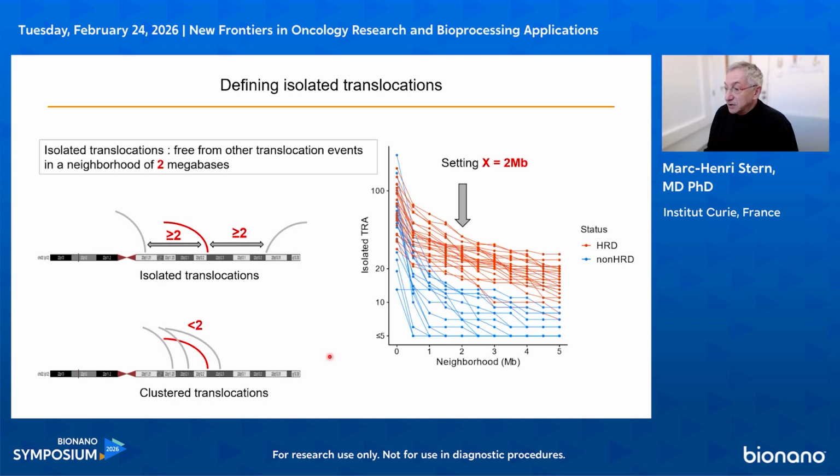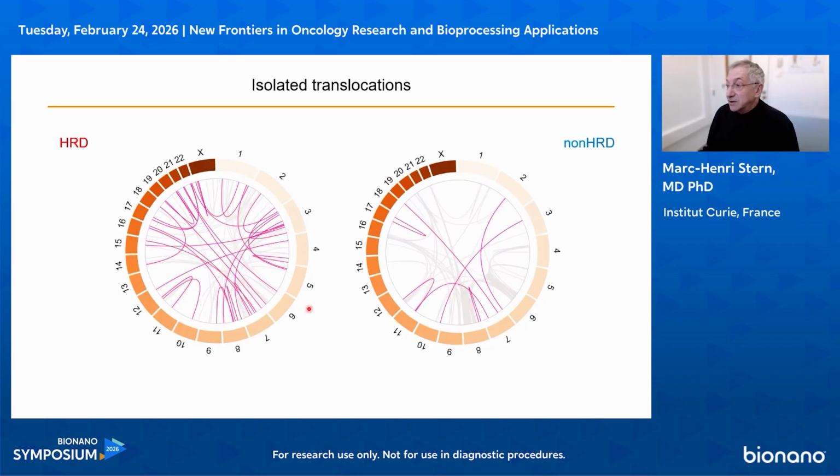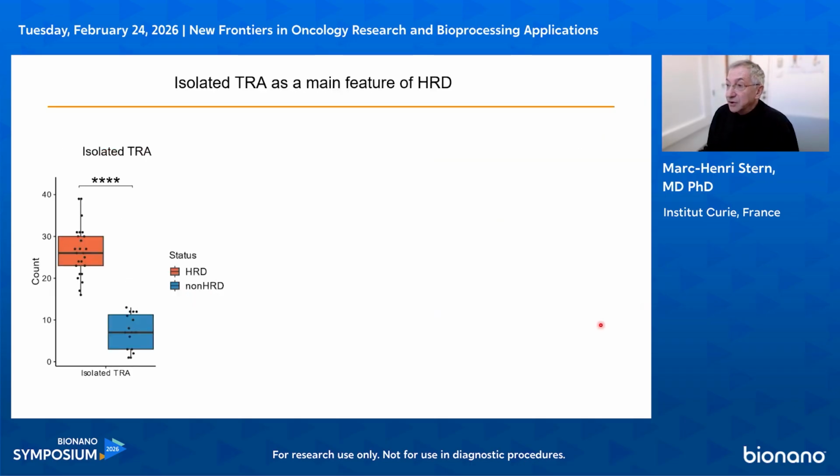To visualize this new feature, we can see the total number of translocations in HRD and non-HRD cases. Those cases had a similar number of total translocations, but if we visualize only isolated translocations, you can see many more isolated translocations in the HRD cases than in the non-HRD cases.